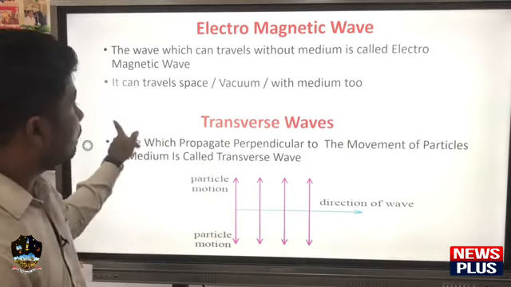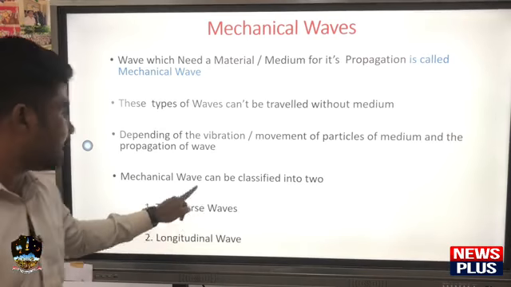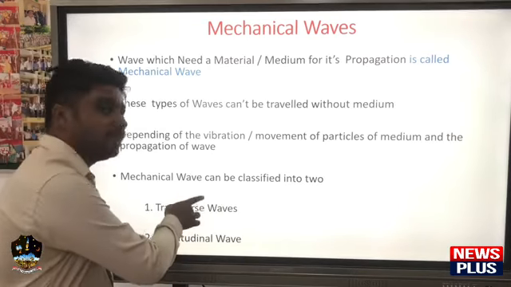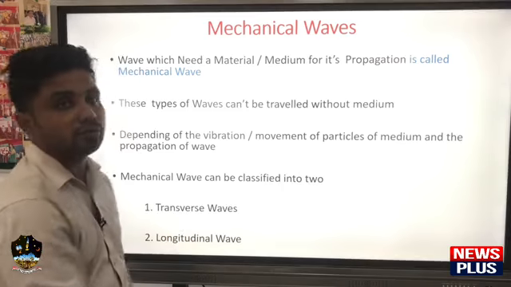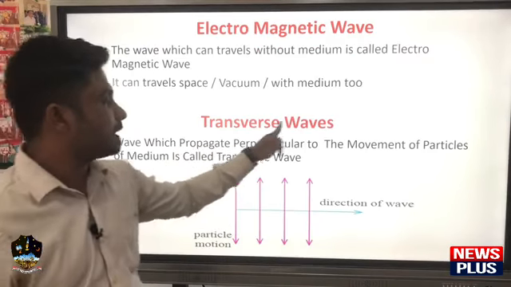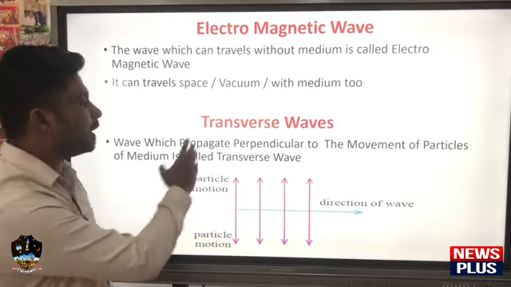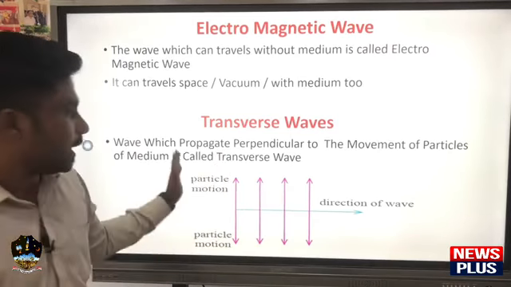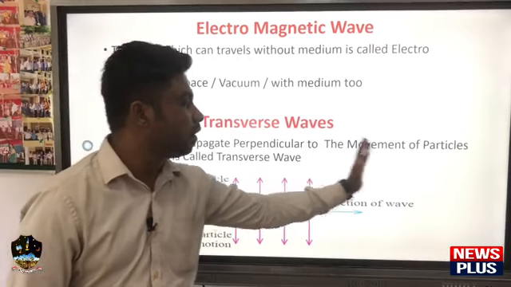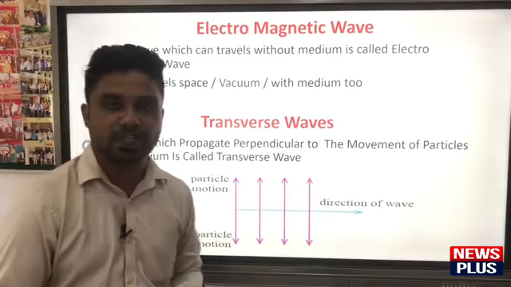Now we're going to talk about this one. We looked at the two types of mechanical waves: transverse waves and longitudinal waves. So let's look at what is transverse wave. The wave which propagates perpendicular to the motion of particles of the medium is called a transverse wave.